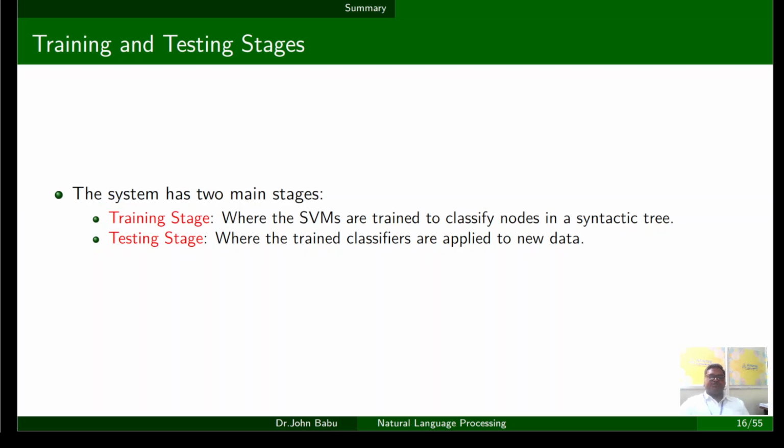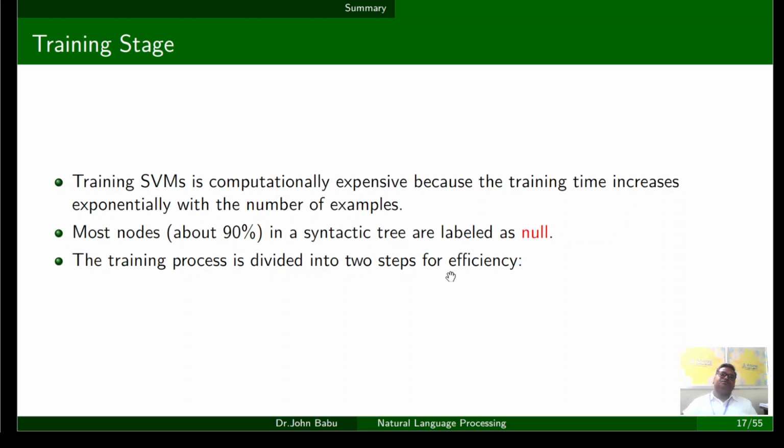Any machine learning problem will have two stages: a training stage and a testing stage. In training, the SVMs are trained to classify the nodes from the syntactic tree. Then in the testing stage, the trained classifiers are tested with new data. Training is computationally expensive because as the number of examples increases, more time and computational power are required.